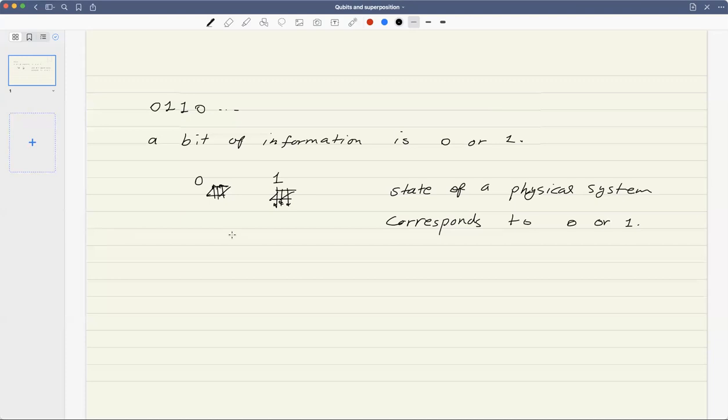So for example, suppose we make the physical system small and thermally isolated.